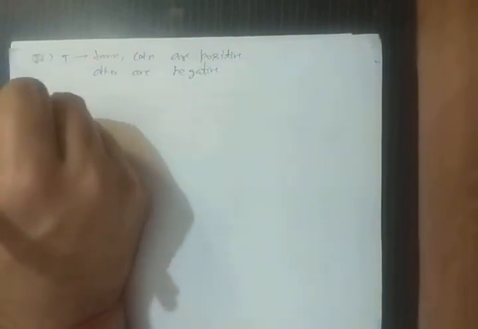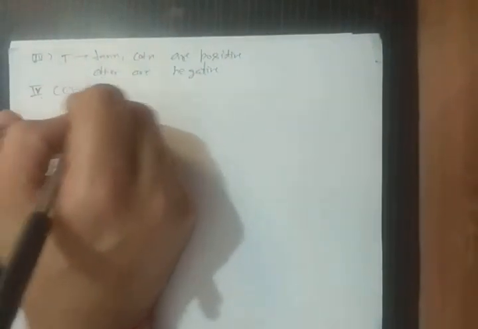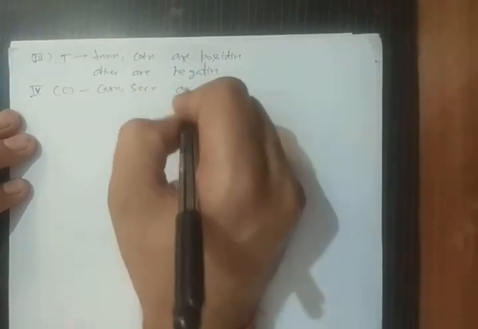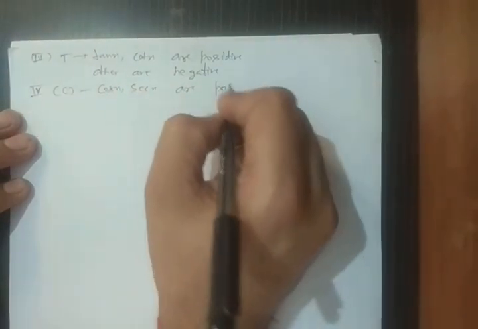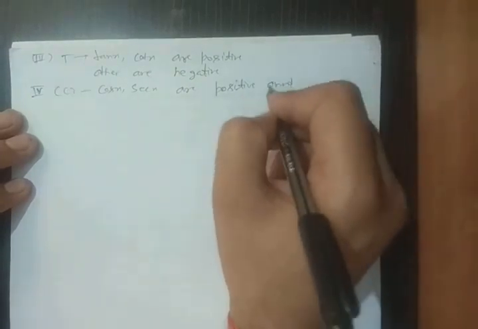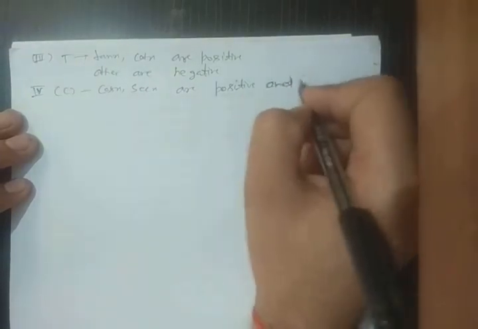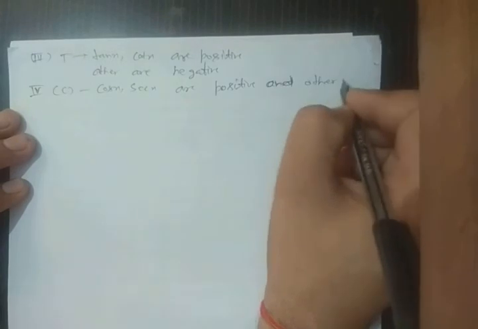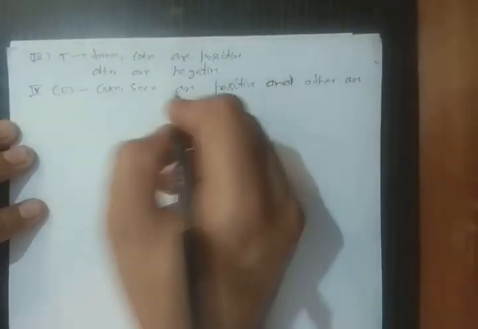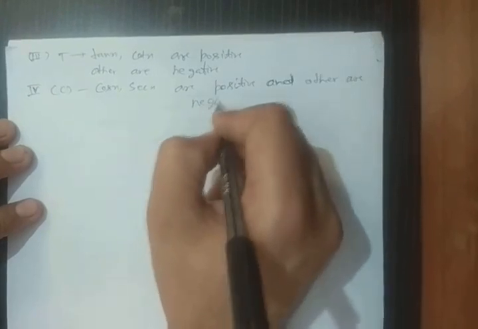And in fourth quadrant, C means cos x and sec x are positive and others are negative.